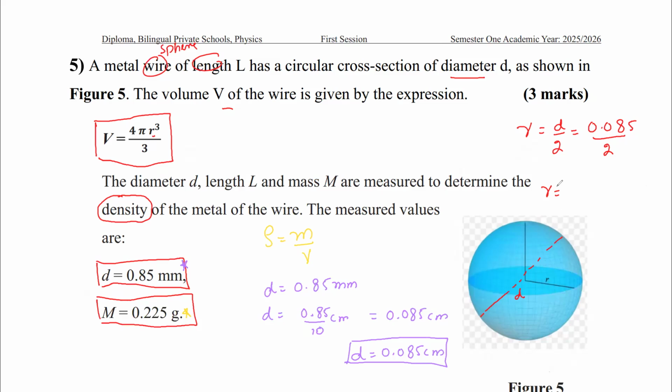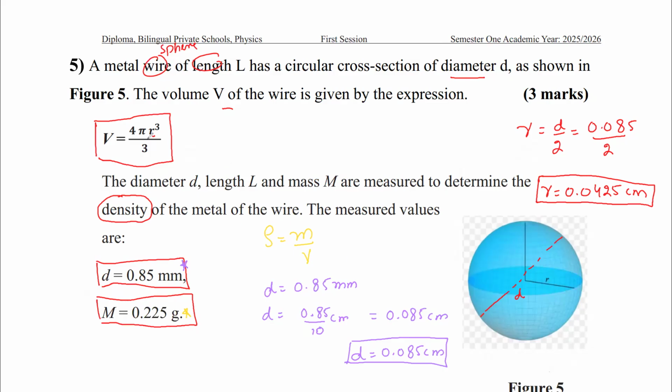Just wait a minute. 0.085 divided by 2 is equal to 0.0425 centimeter. So the radius is 0.0425 centimeter.